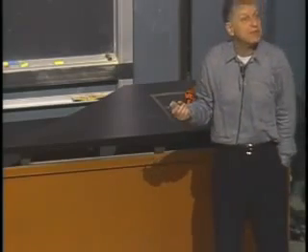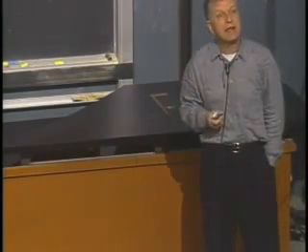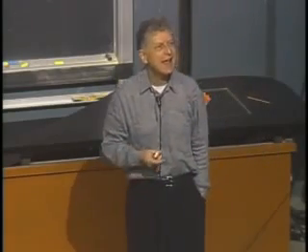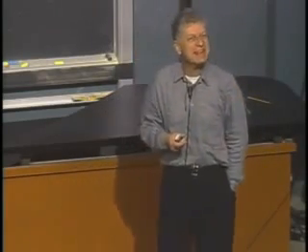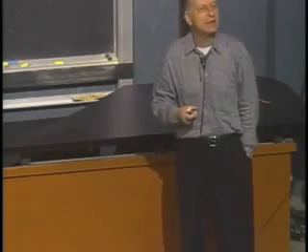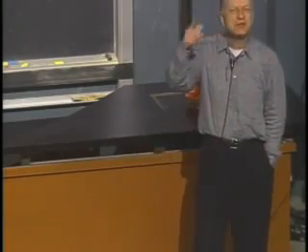Where this becomes, for example, very important is in blood types. Okay? We all have various blood types, A, B, and so forth, and that is primarily due to the fact that you have different sugar coding.